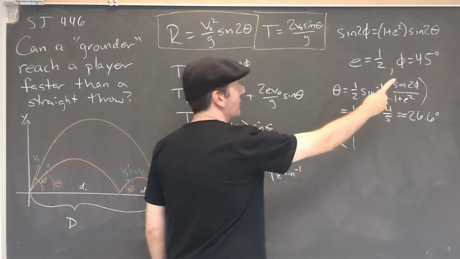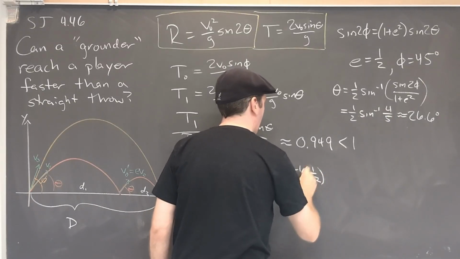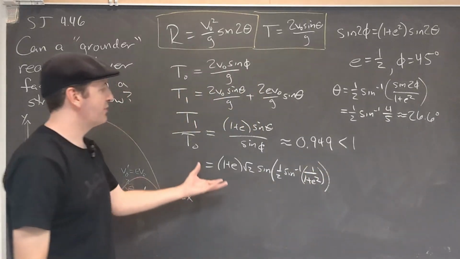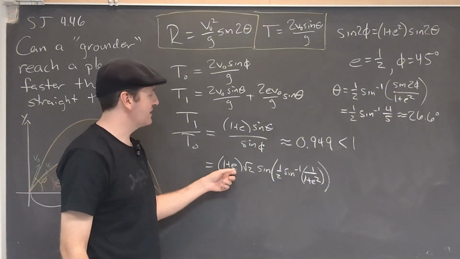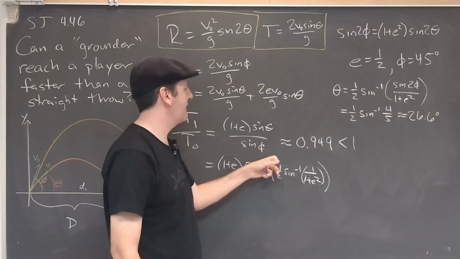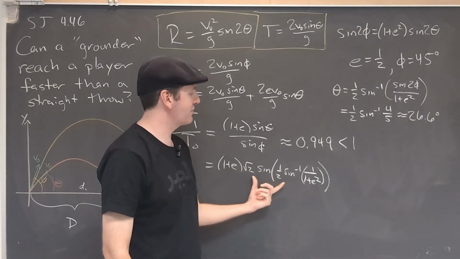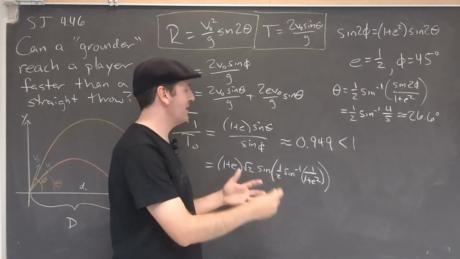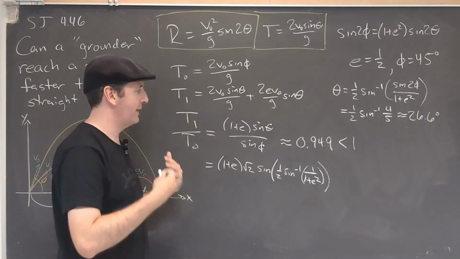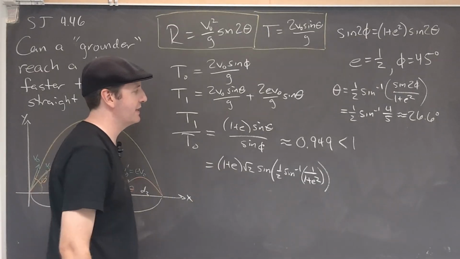The sine of 2 phi, though, is still going to be 1. So this is a pretty complicated function of e. I see the e out front is easy, but then this e squared in the denominator of an arc sine inside of a sine is ugly. There's probably some way to do some trig reduction here to maybe make this look a little more comfortable with roots and other algebraic functions, but I'm going to leave it like this right now.